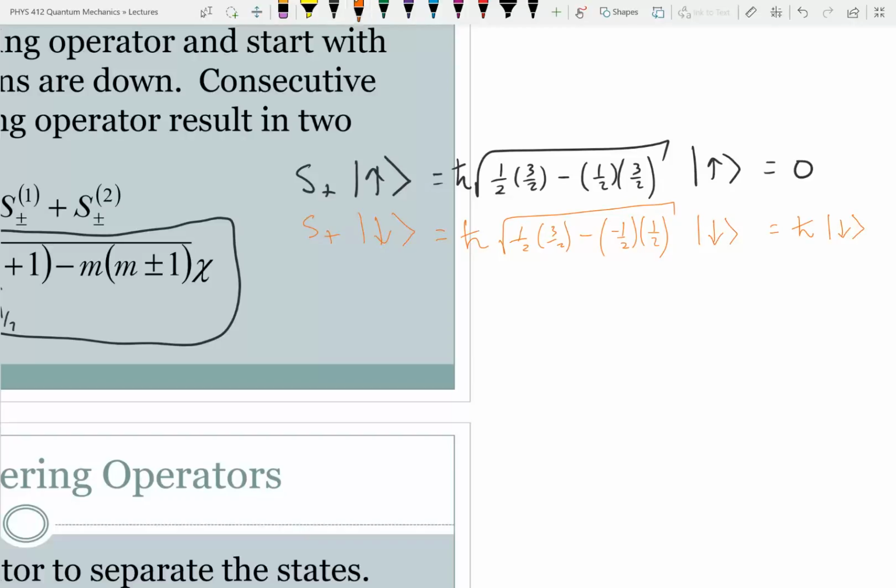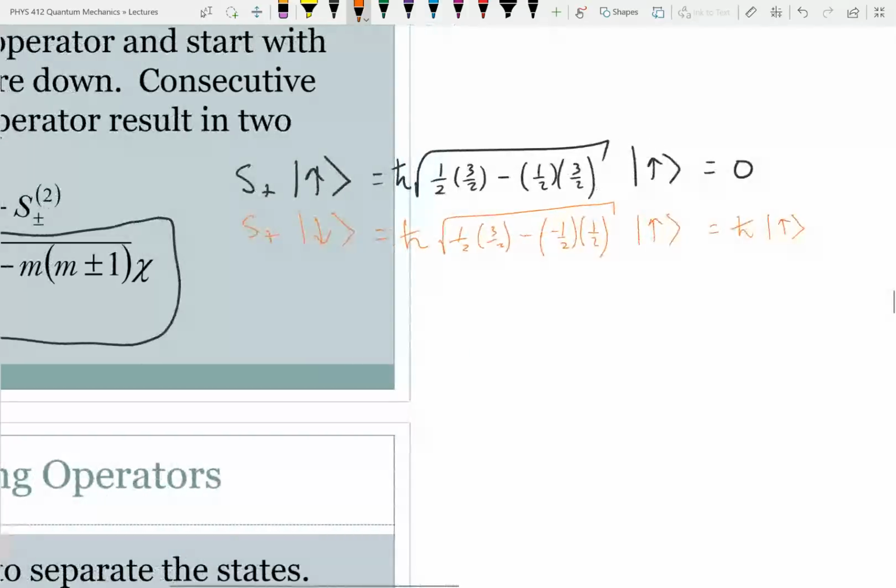Oh, and it flips the spin, because it is the raising operator after all. So S plus on the down eigenstate is h bar and the up state.